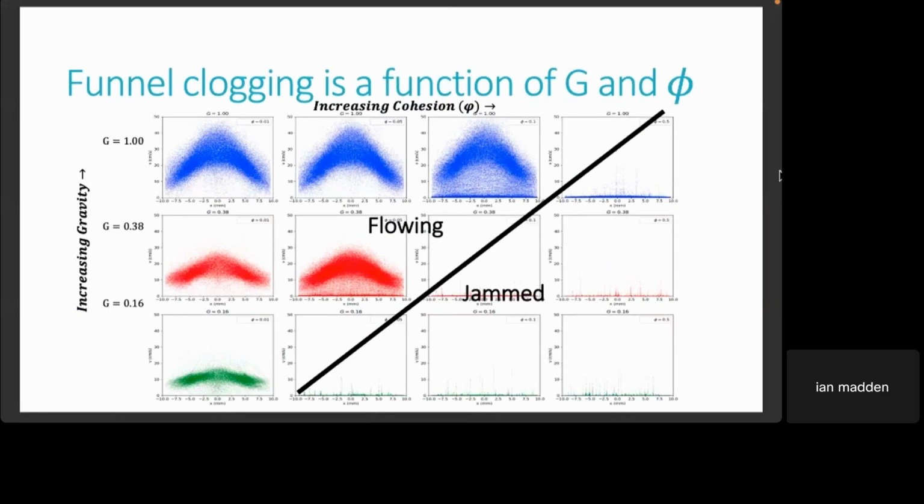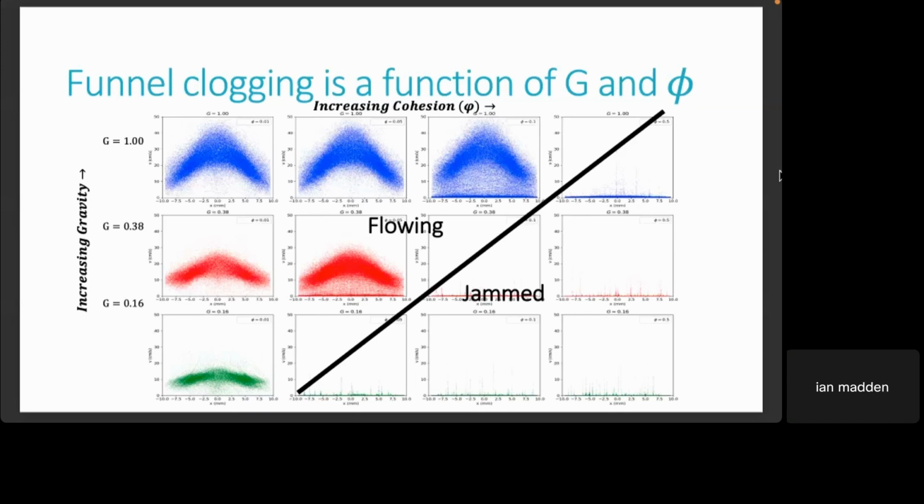Within this large plot, all these subplots are different simulations performed at different G and different phi. In the top left-hand corner, we have the G=1 case and phi being very low. You get these arrowhead-shaped plots, which just means all the grains are flowing through the funnel as you expect. They have this shape just by the geometry of the funnel.